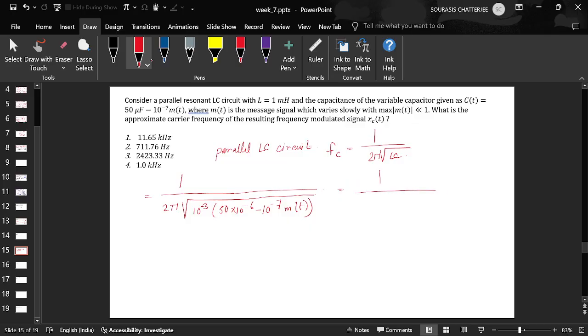Next step, let us try to simplify it a bit more. We take 50 10 to the power minus 6 whole outside, so that will make it 5 into 10 to the power minus 8.